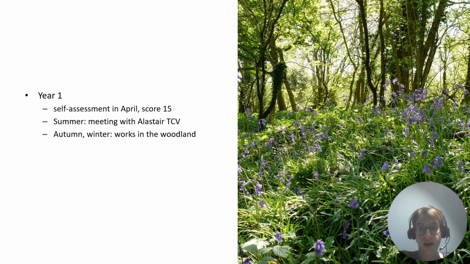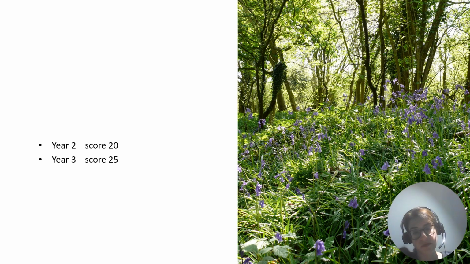This is how a year one in a woodland can look. Then the following year, you run the self-assessment again and you get a score of 20 because you have been doing works in the woodland. And the following year, you repeat the same process and you get a score of 25. So every year, because you have been doing works, every time you run the self-assessment it is going to improve slightly.